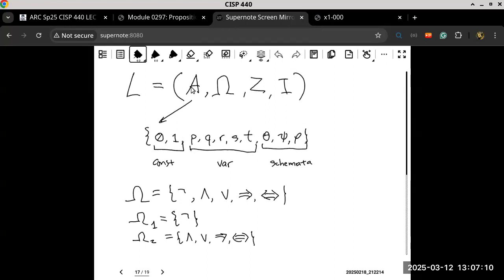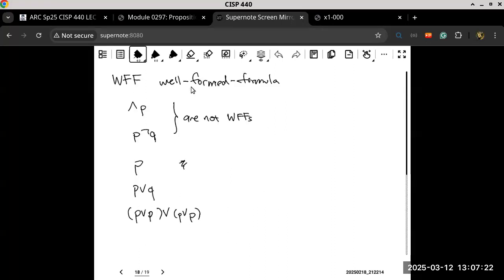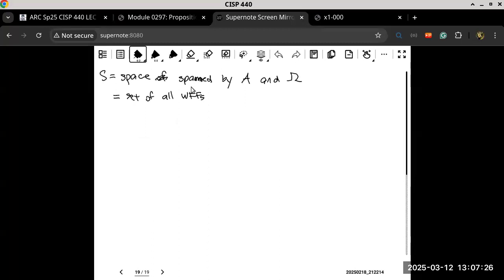So when you look at each individually, alpha is finite, 10 elements. Omega is finite, it only has 5 elements. But when we look at the set of all possible well-formed formulae, what about that one? Is it a finite set or an infinite set? Yes, it is an infinite set.